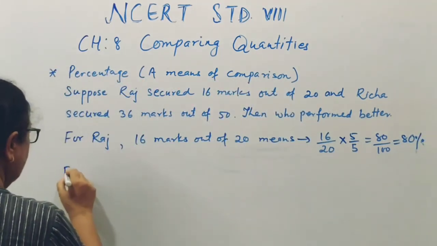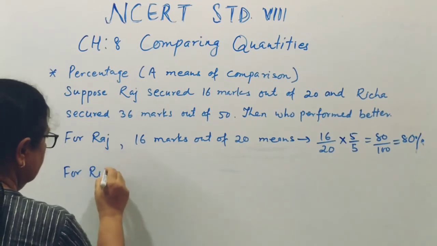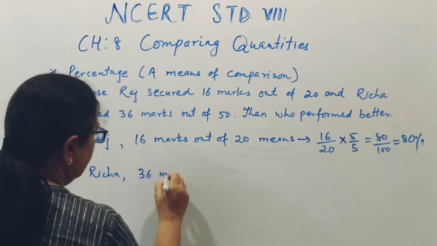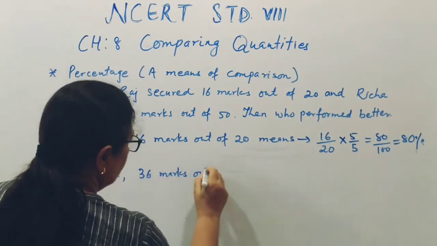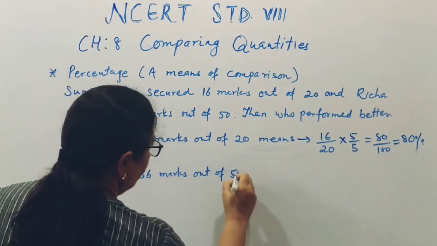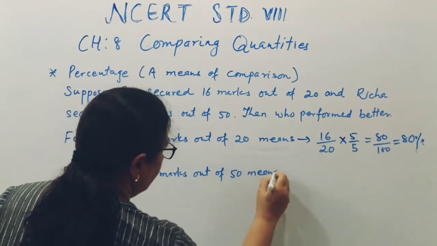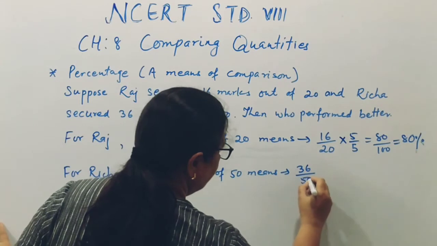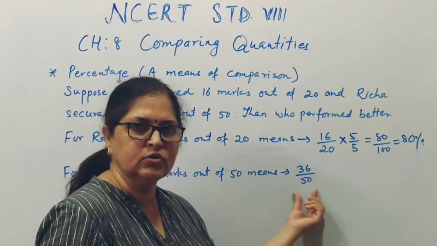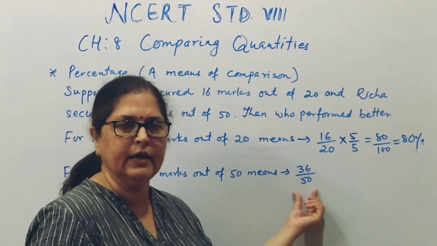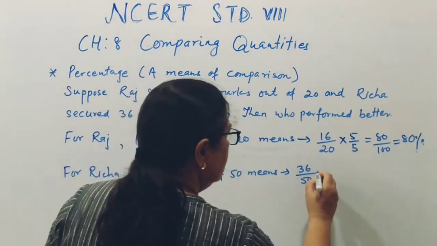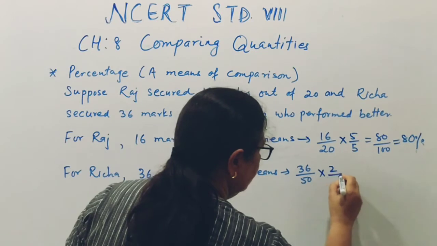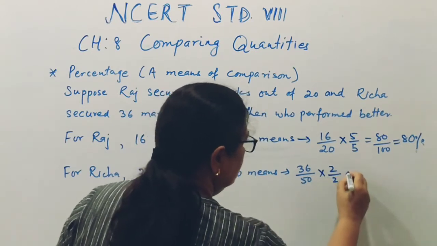Similarly, for Richa, she got 36 marks out of 50, means 36 upon 50. Her marks also we need to calculate out of 100. So it is 36 upon 50 into 2 by 2.